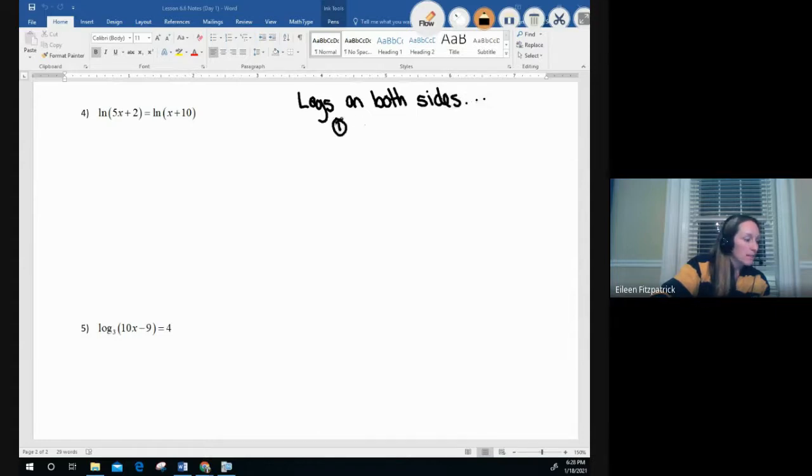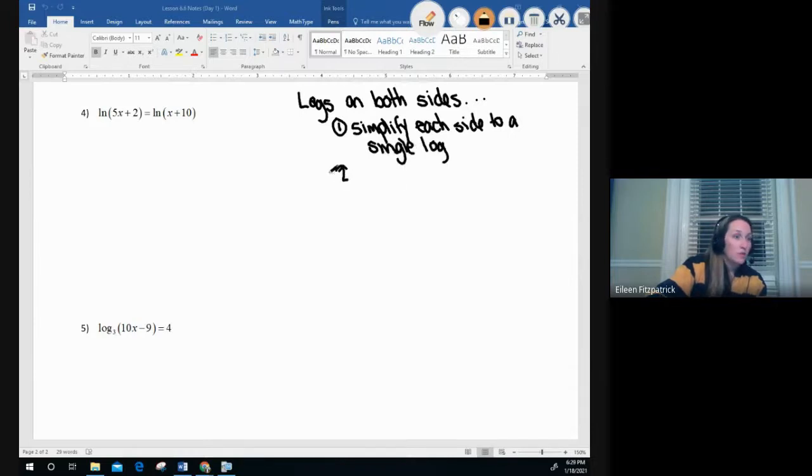First, simplify each side to a single log. So you might have to condense if you can, but you want to simplify each side to a single log.